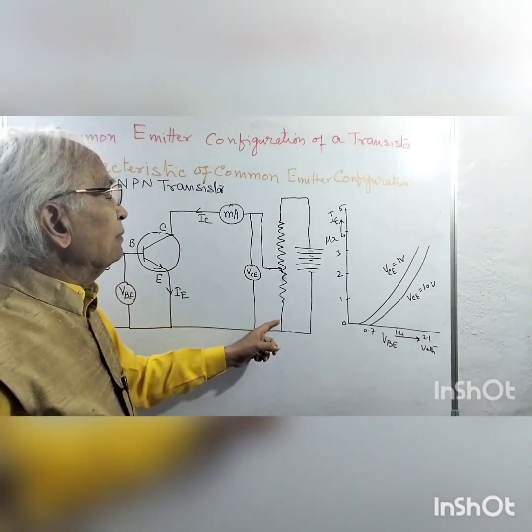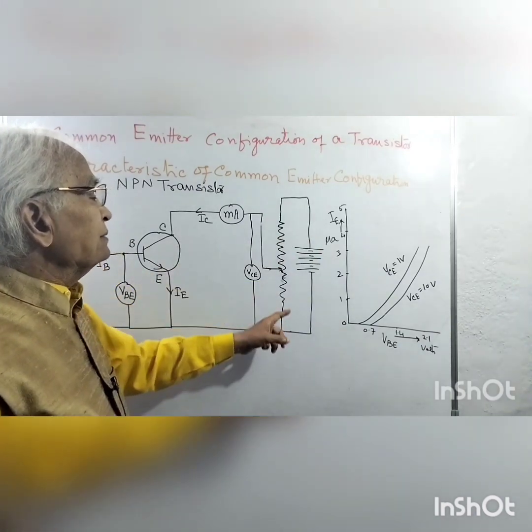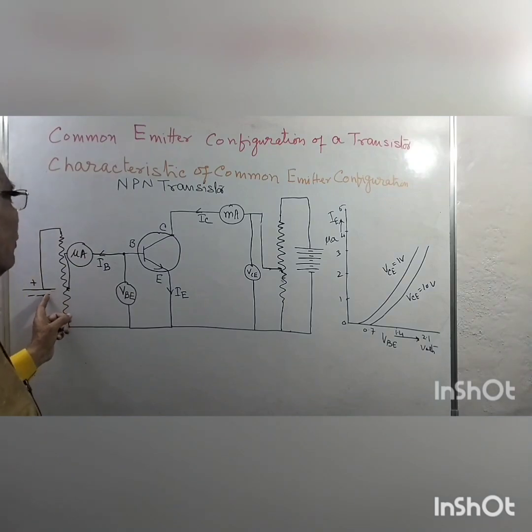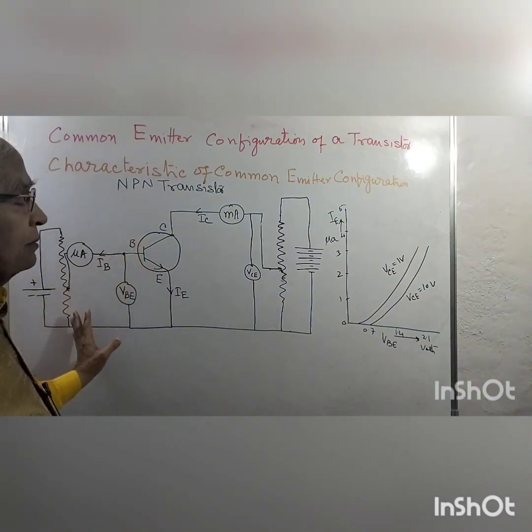So this is the variable battery for the collector biasing, and this is the variable battery for the base emitter biasing.